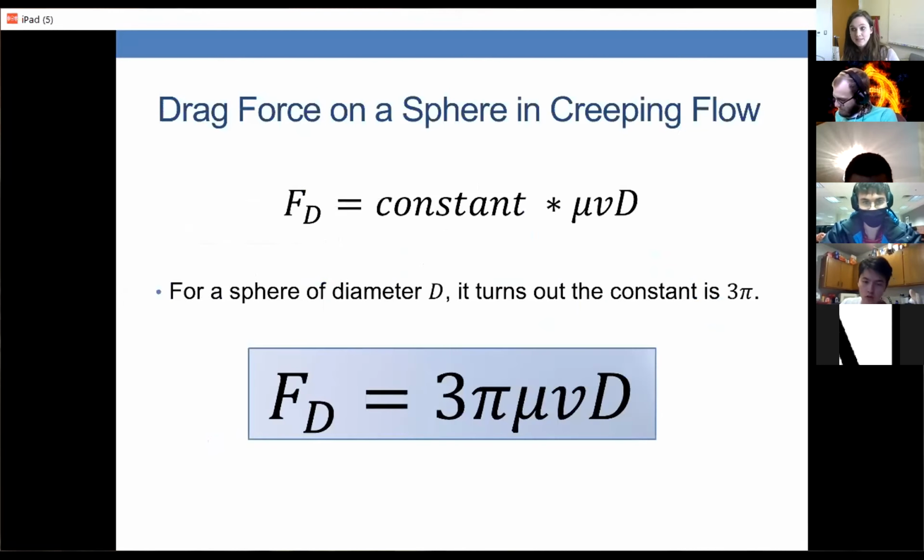The constant will depend on what the shape is. For a sphere, it turns out to be 3 pi. You would have to integrate the shear stress over the surface area to get that. But for a sphere, it's 3 pi.